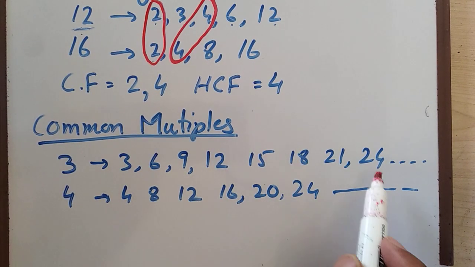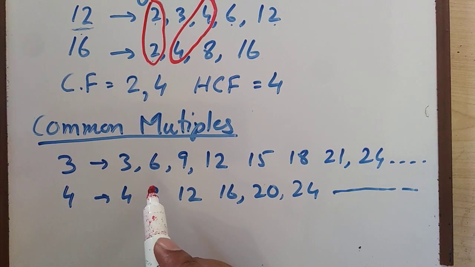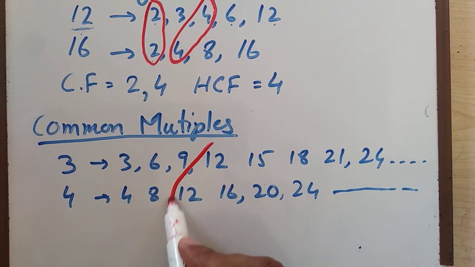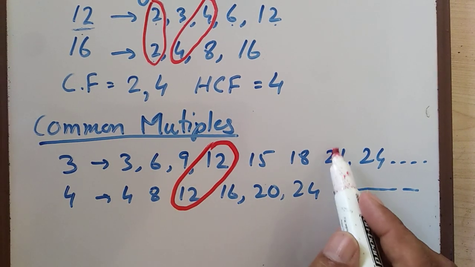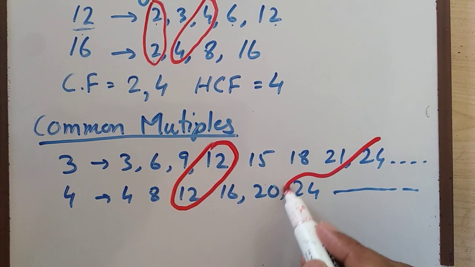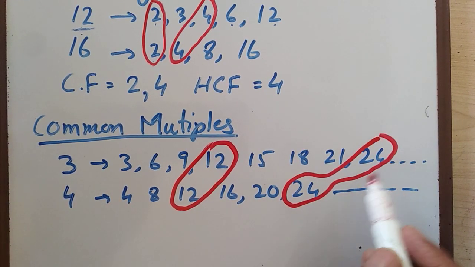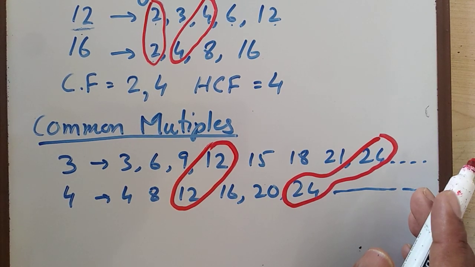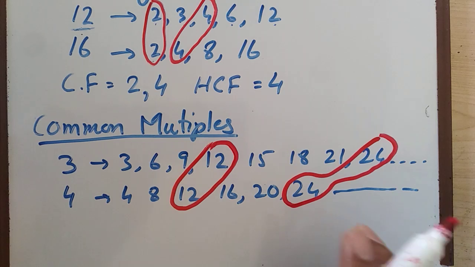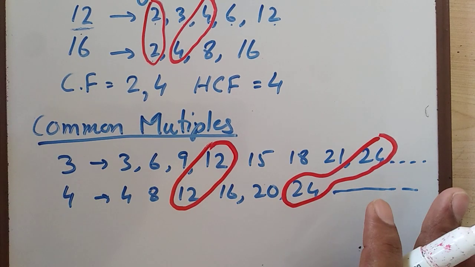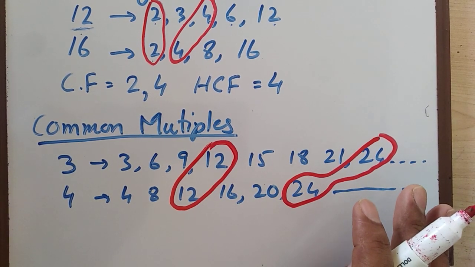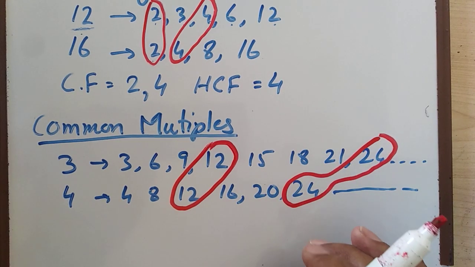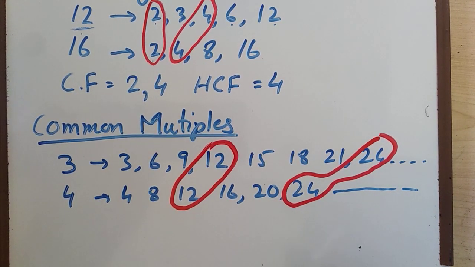In this set of numbers, you can see there are some common numbers, which are 12 and 24. If you continue writing the multiples of 3 and 4, you may get more than these two. There may be a number of multiples which are common in the tables of these two numbers.